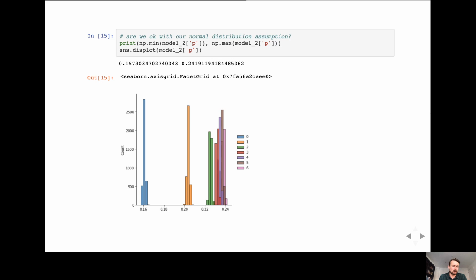So in this case, I do not need to worry that much about our assumption that we have a normal distribution, because our probabilities are nicely within our minimum and maximum, well defined between 0 and 1. So I think we're okay making the assumption of a normal distribution.